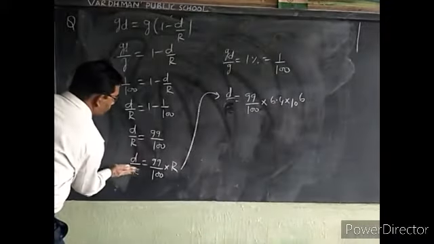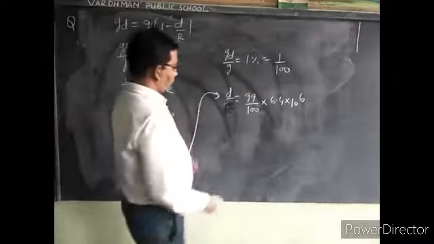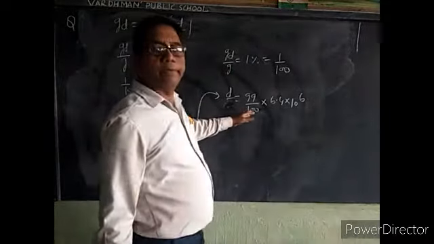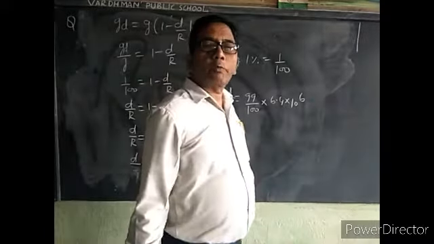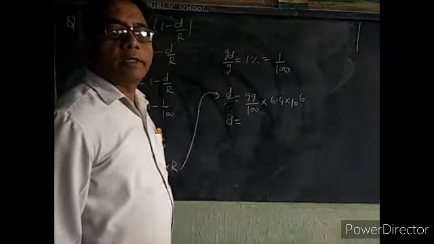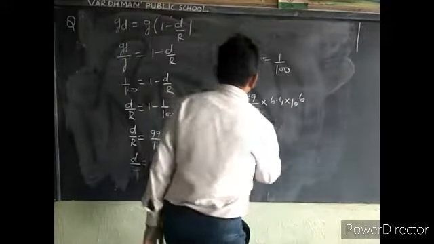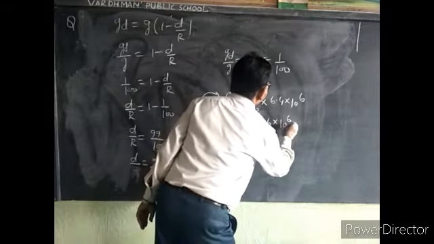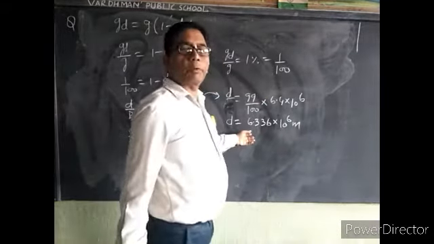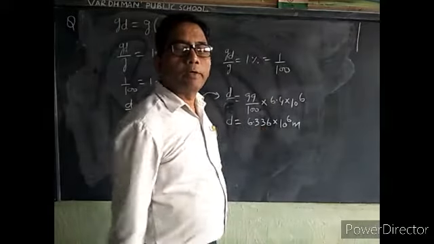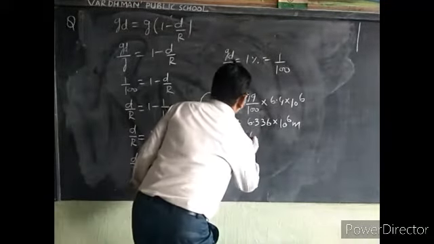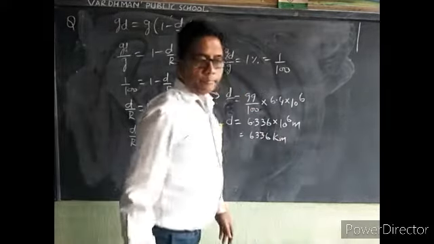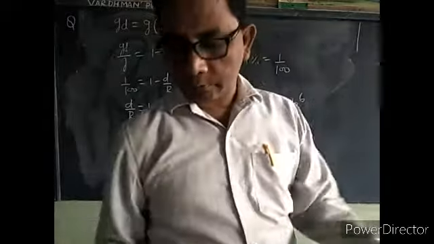This is the value of D. Then when we solve it, we get 6.336 into 10 power 6 meter, which can also be written as 6336 kilometer.